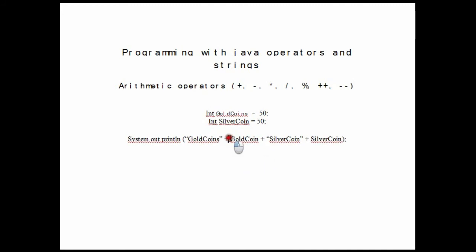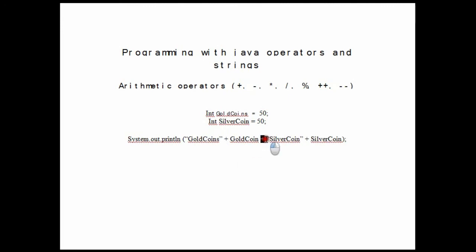And then this plus, it's not adding this to that, because this is a string and this is an int. It's not adding, but it's actually what we use to bring 2 things together to print out.